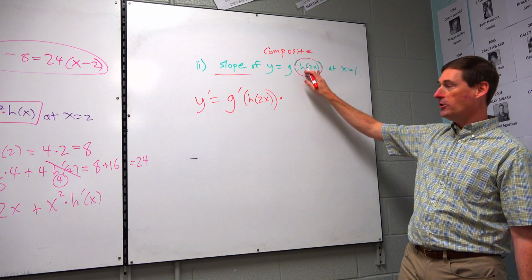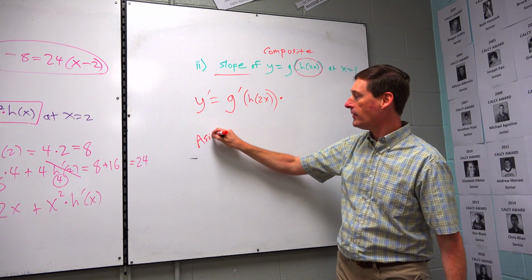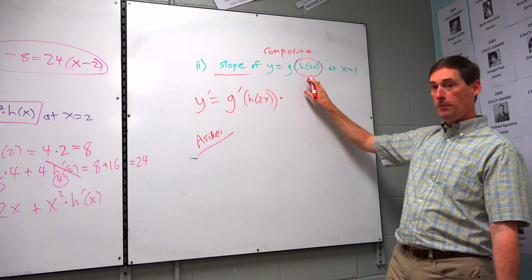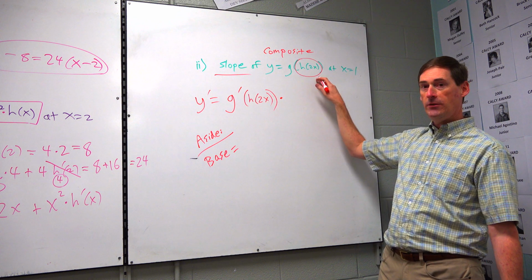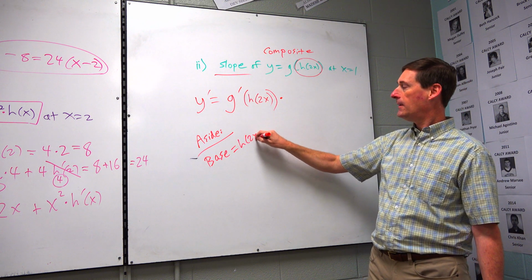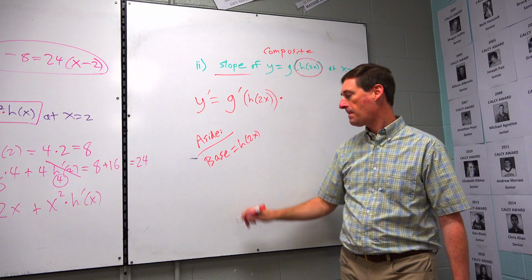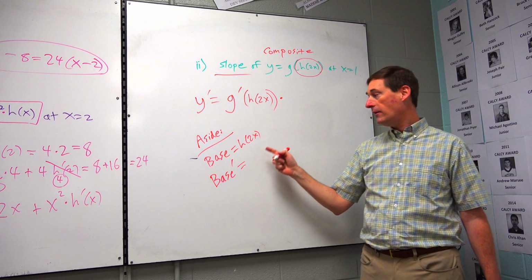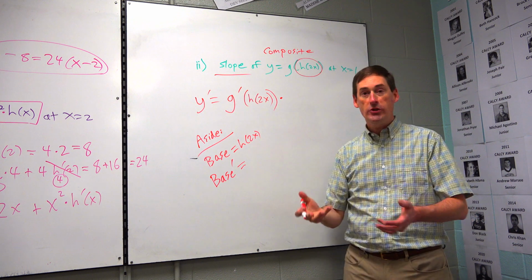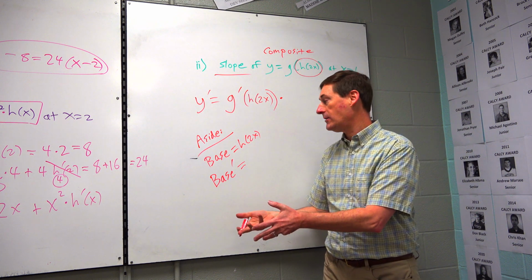Go back to the original base. Let's even do an aside for this one. On the original base, the base was what? h of 2x. Okay, that's your original base. The derivative of the base, the chain rule of h of 2x. What's the derivative of h of 2x?